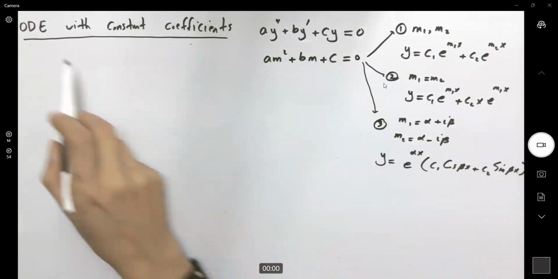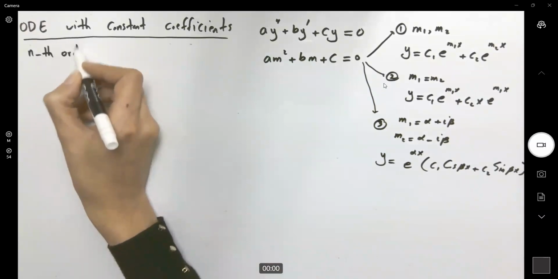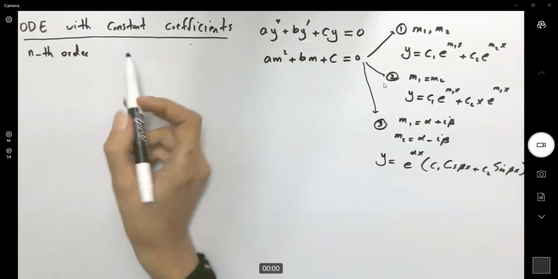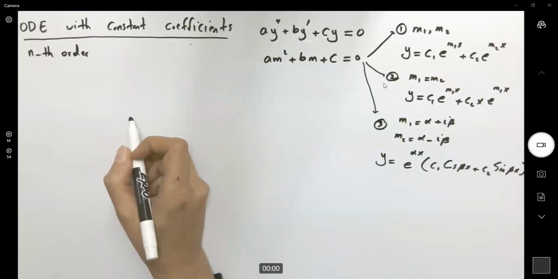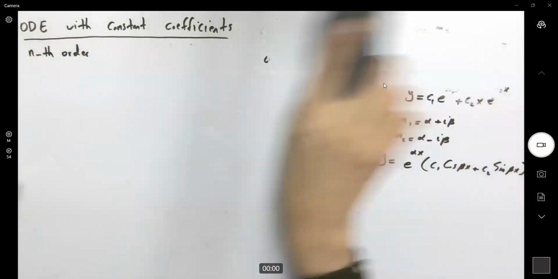I expect you to ask, what if we have an nth order linear homogeneous differential equation with constant coefficients? What is our approach? So in that case, again, we form the auxiliary equation.